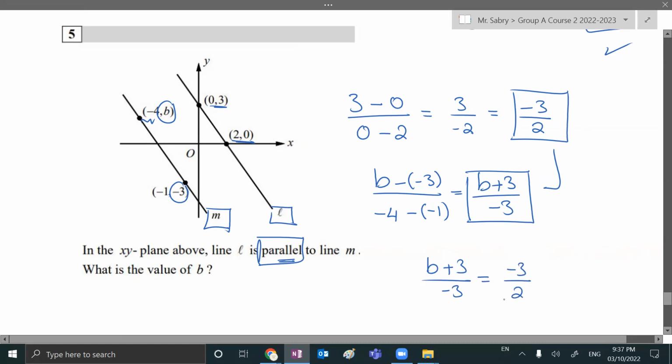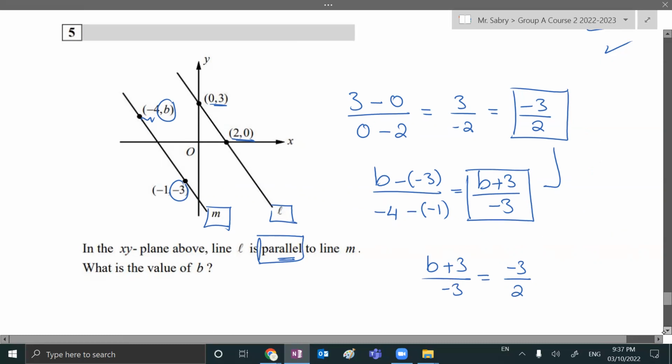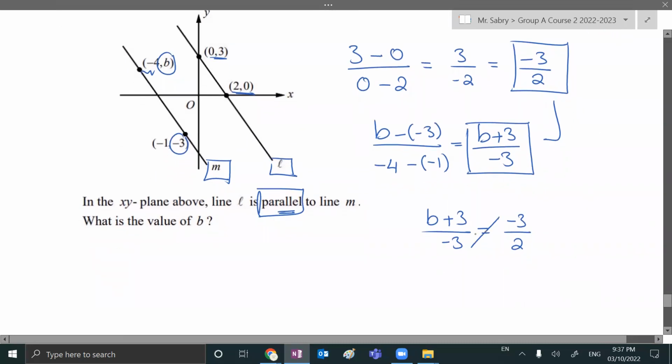Now we said earlier whenever we have fractions equal to each other, we'll just cross multiply. So I'll do that. I'll do 2 multiplied by b plus 3 equals negative 3 multiplied by negative 3, which is positive 9. Distribute the 2, so you'll have 2b plus 6 equals 9.